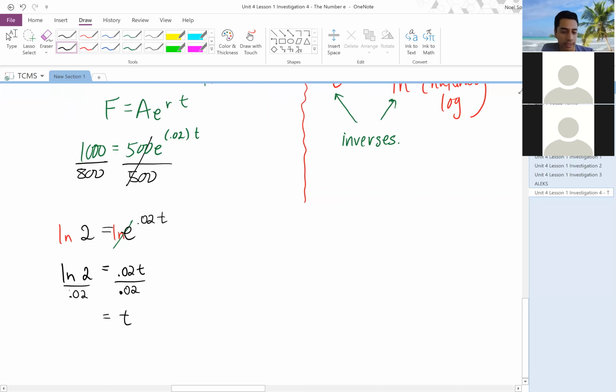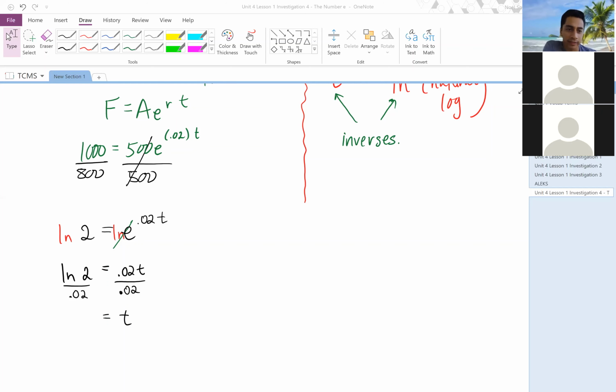So if we really want to know what that equals, let's go back to Desmos and let's plug it in. Okay, so if you do ln, I'm not sure if it'll work if you just type it. Oh yeah, it does. Okay, so you can just type in ln and then parentheses and put a 2 inside, and then that number represents the natural log of 2. But then we're dividing this by 0.02.